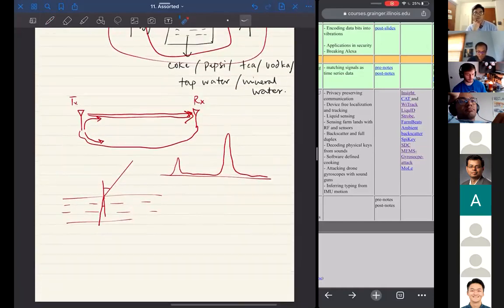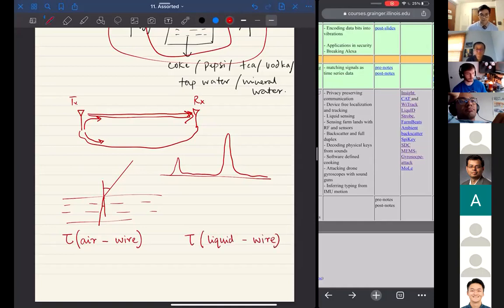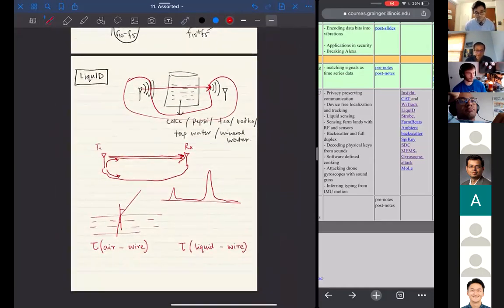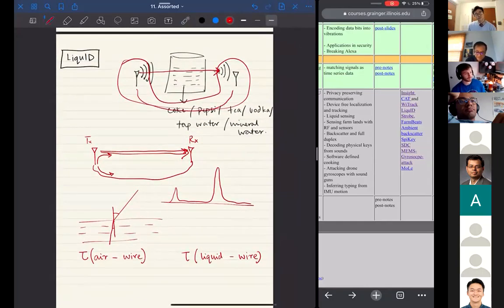In other words, you know the time difference between air minus wire. You also know the time difference between liquid minus wire. Because when you have the liquid, you're also using the wire as a reference.